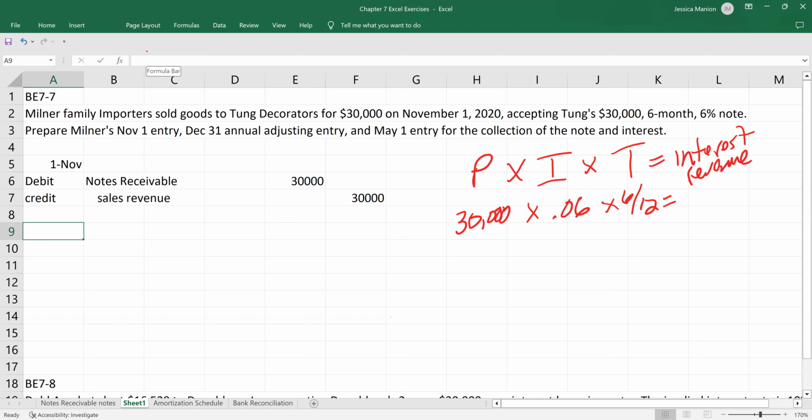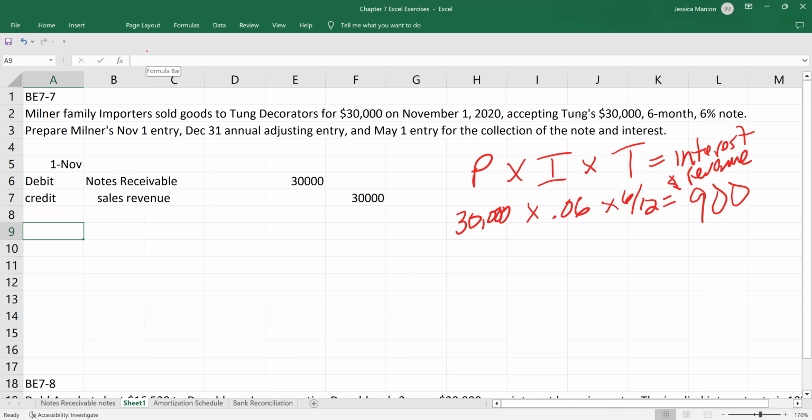If we plug the numbers into our calculator, 30,000 times 0.06 times 6 out of 12 months, this is going to be total interest revenue of $900.